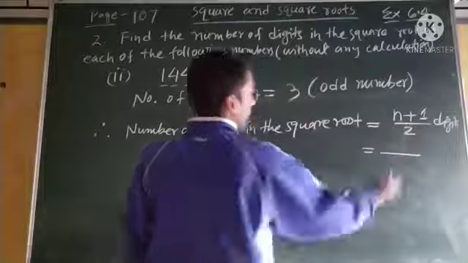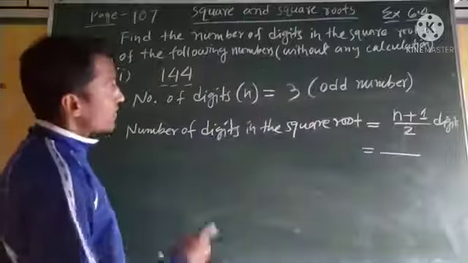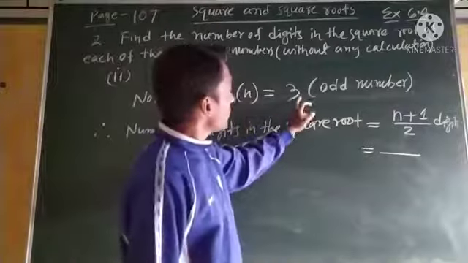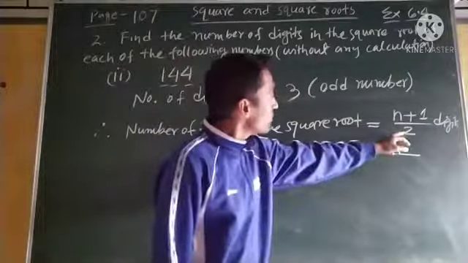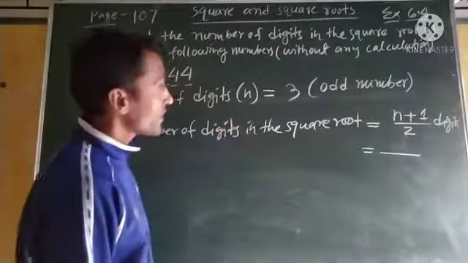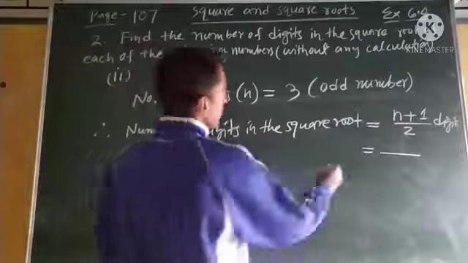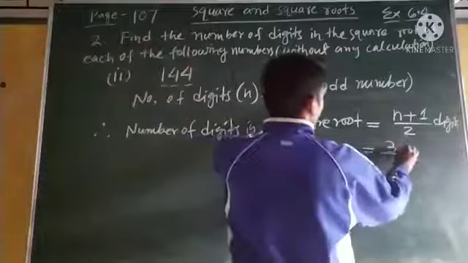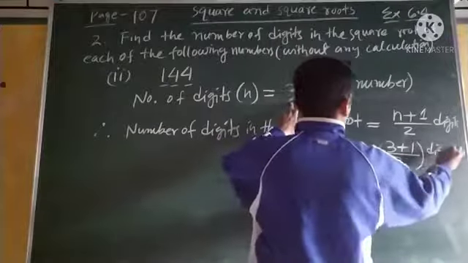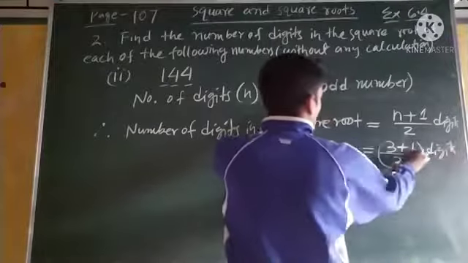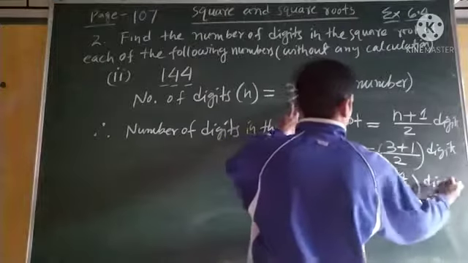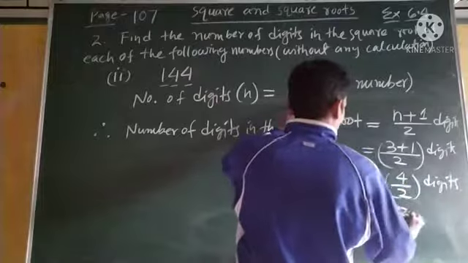So this is your formula to find how many digits are there in this number. If the number of digits is odd, then you have to use n plus 1 by 2 digits. If the number of digits is even, then the formula is what? The rule is n by 2 digits. So here we have n is 3, plus 1 by 2. 3 plus 1 is 4, by 2. 4 by 2 is how much? 4 by 2 is 2.